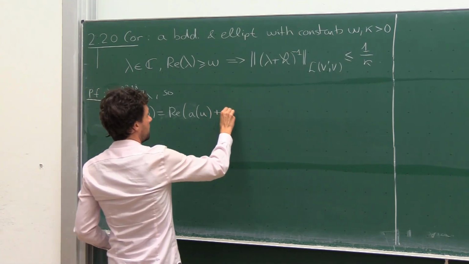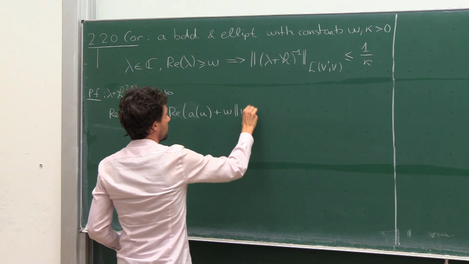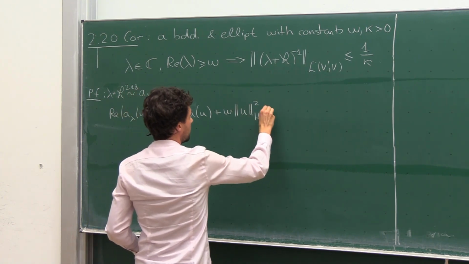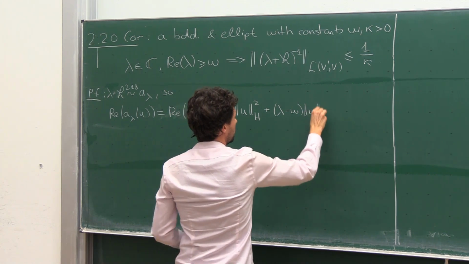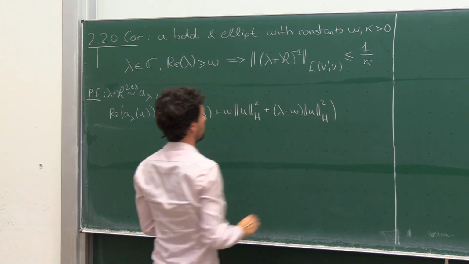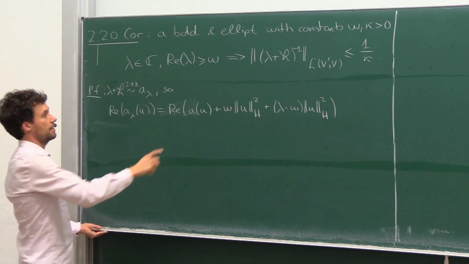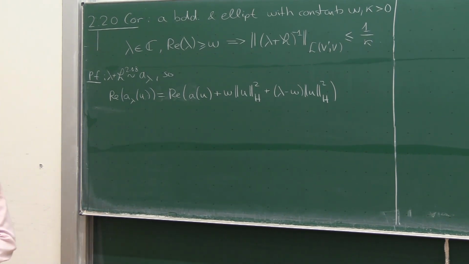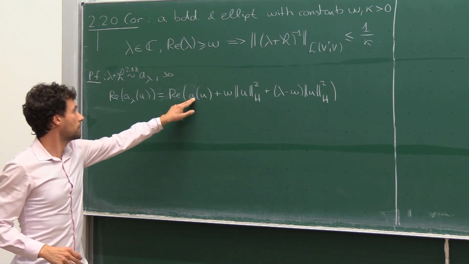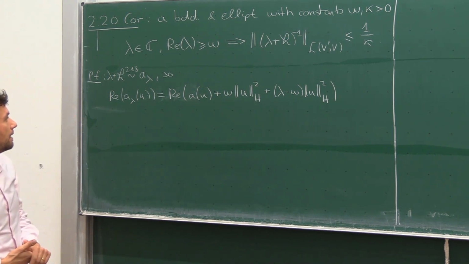And the way I want to write it is omega times the H norm of u squared plus lambda minus omega times the H norm of u squared. Okay, so this way I just add a lambda amount of H norm to this quantity, the quadratic form that we call A.